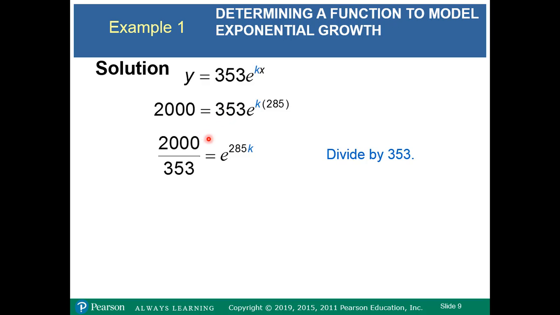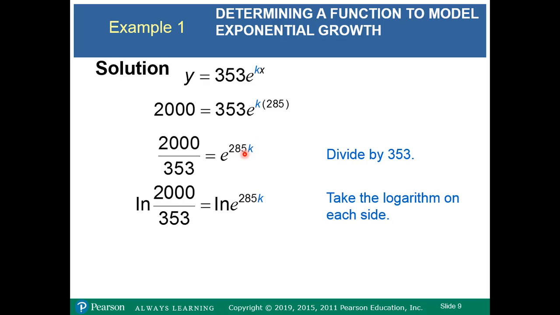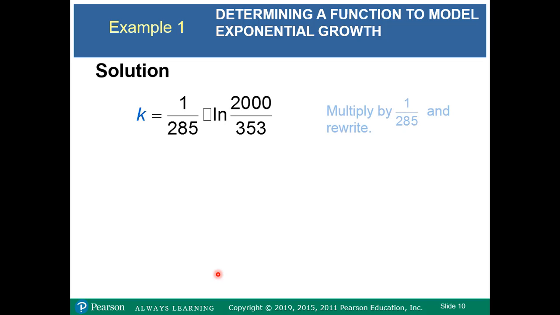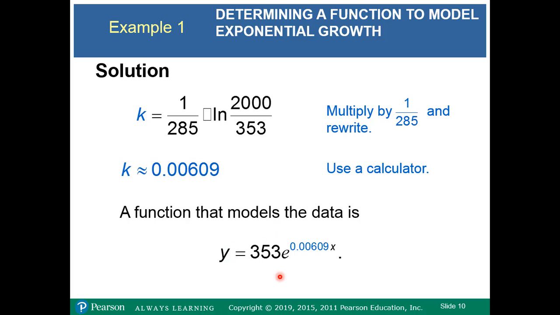And so we divide by 353. Then we're going to take the natural log of both sides. And so we get 285k is equal to the natural log of this quotient, and then we're going to divide by 285. And so we get k is approximately equal to 0.00609.